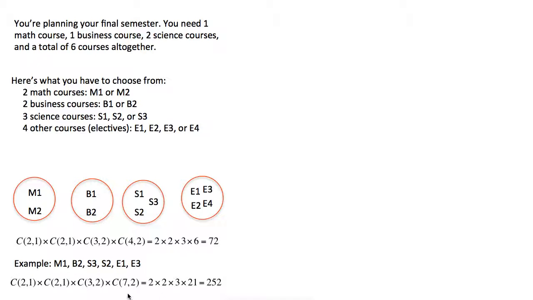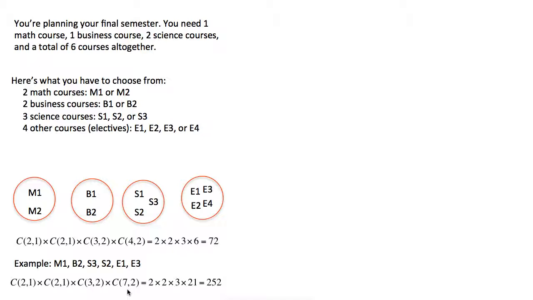Now here's another stab at a solution. Pick our required math course, 1 choice from the 2 math courses. Pick our required business course, choosing 1 from the 2 business courses. Pick our 2 required science courses from the 3 available.